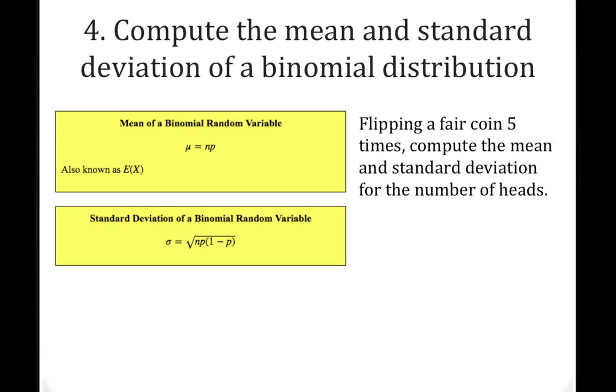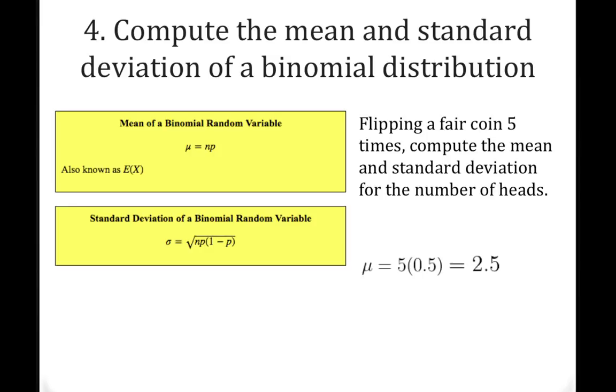Flipping a fair coin 5 times, compute the mean and standard deviation for the number of heads. The mean, or mu, is equal to n times p. N here is 5, and p is the probability of flipping heads. Given that it's a fair coin, this would be 0.5. So mu equals 5 times 0.5, which is 2.5.